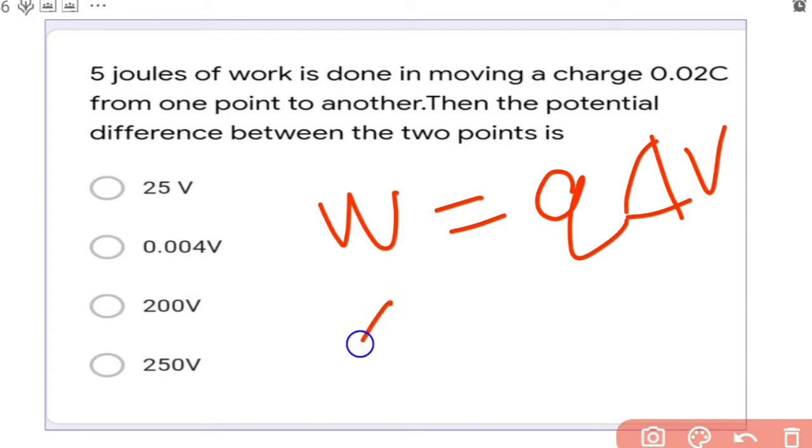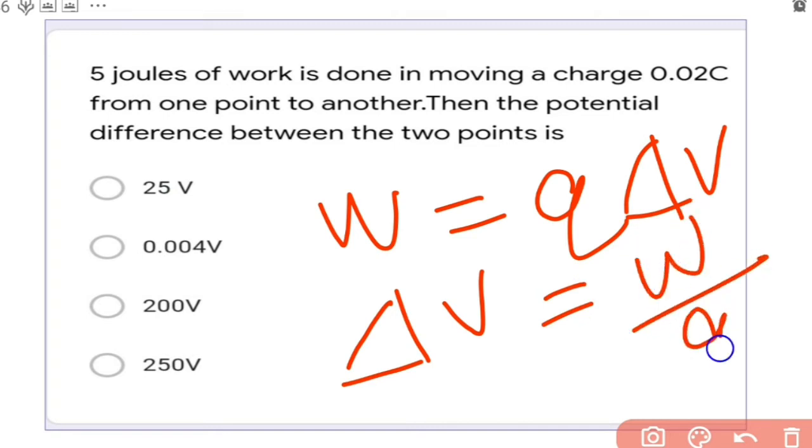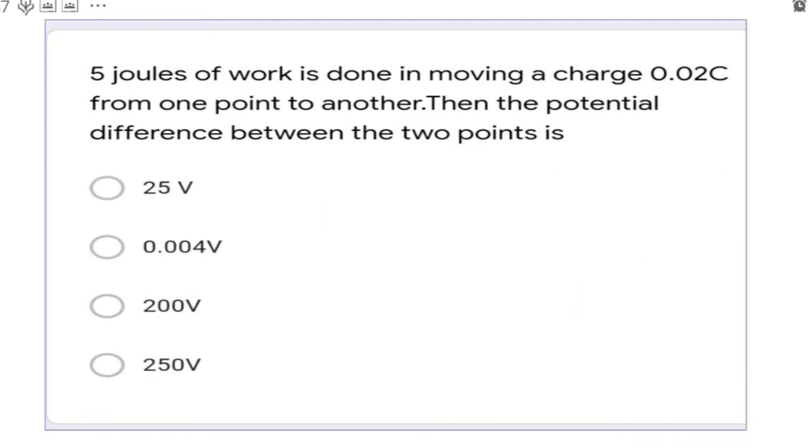You are asked to find delta V. Delta V is equal to W by Q. So W is 5 and Q is 0.02. So our answer is 5 divided by 0.02, so it will be 250 volt. So 250 volt is the answer.